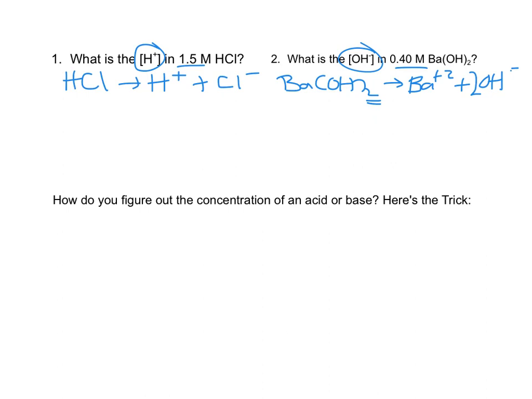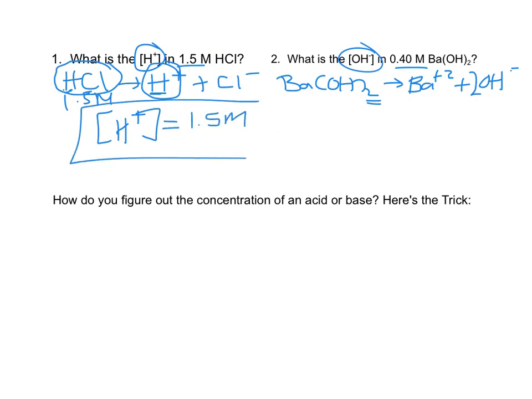So when we actually want to know the concentration of the hydrogen ions, we know that the acid had a concentration of 1.5. Well, in this case, because there was only one H, then we're going to say that these two things are equal. So the hydrogen concentration is also 1.5.